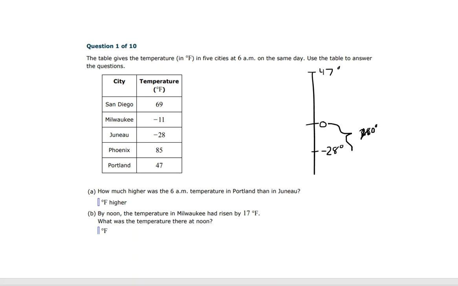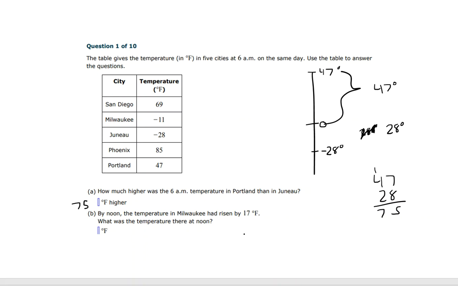Okay, so that means the temperature went up 28 degrees. It's higher, right? And then from 0 to 47, that's another 47 degrees. So to figure out how much higher, we have to take the 47, add to the 28, and that would give us 75 degrees Fahrenheit higher.